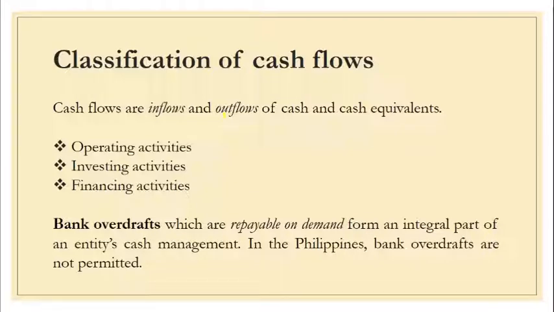The statement of cash flows shall report your cash flows during the period classified under operating activities, investing activities, and financing activities. So again, you need to classify which specific activity a certain transaction falls under.